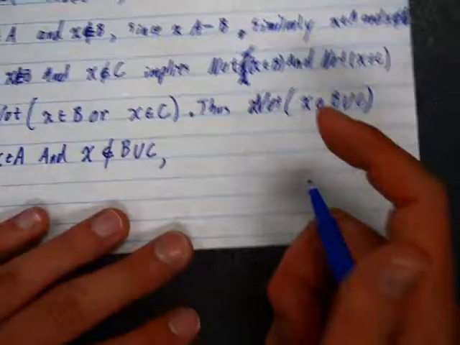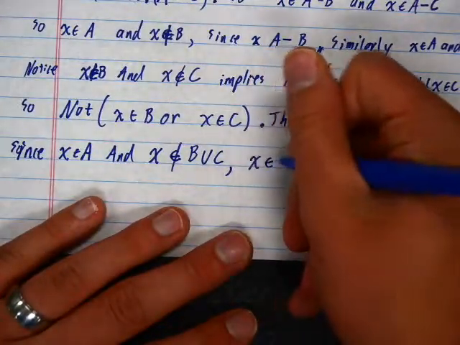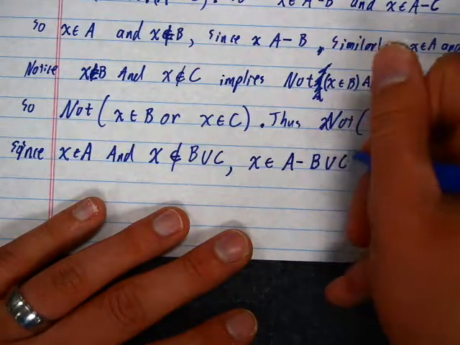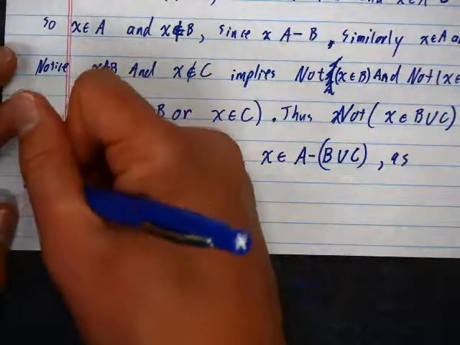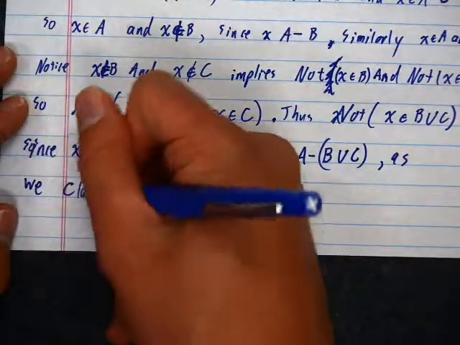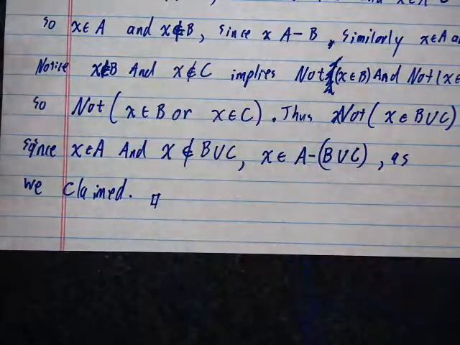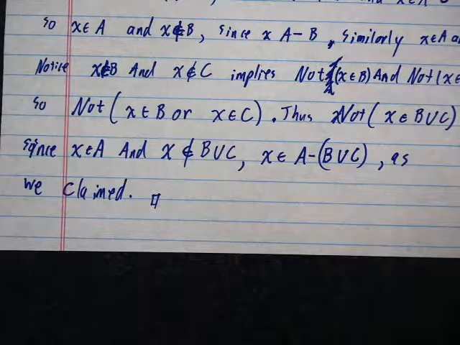That's exactly what set difference means. As we claimed. And that proves De Morgan's law, or at least proves half of De Morgan's law. The other one is left for you to do.